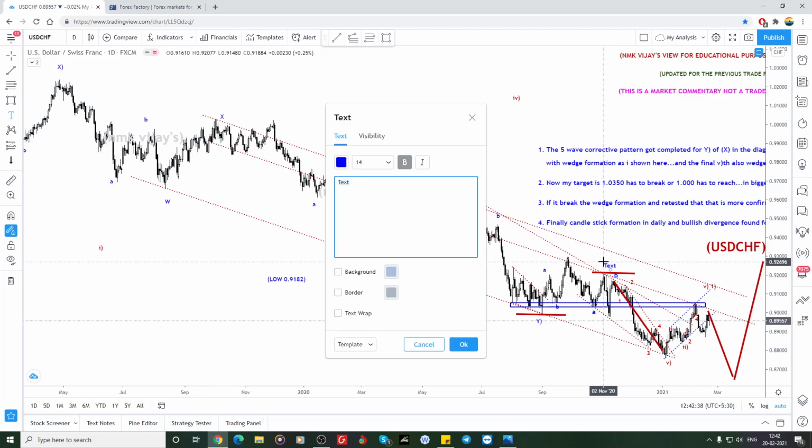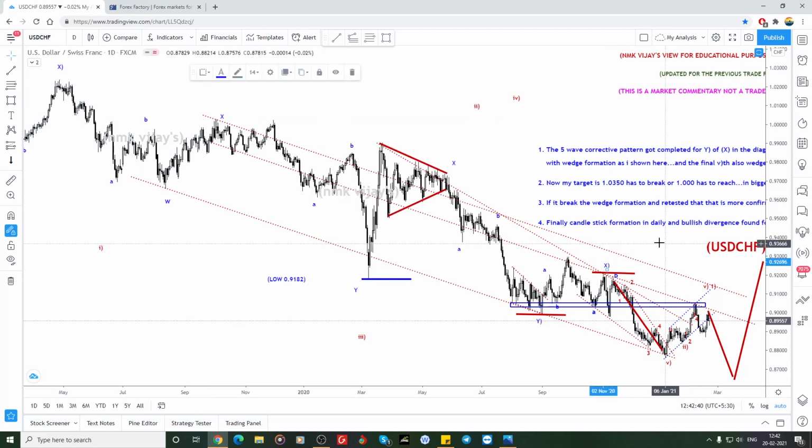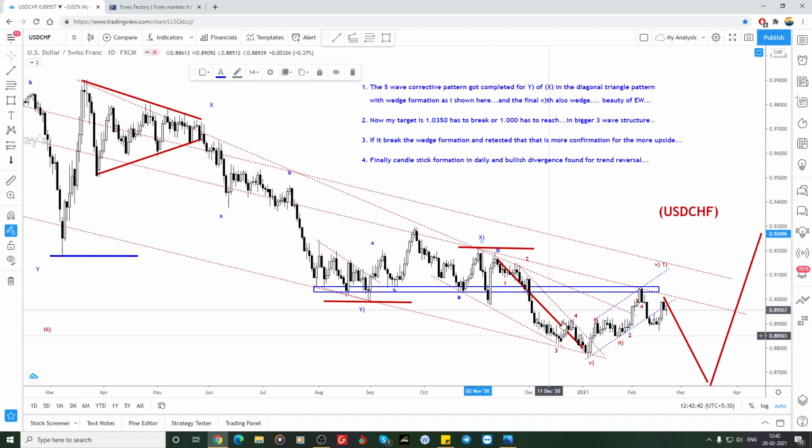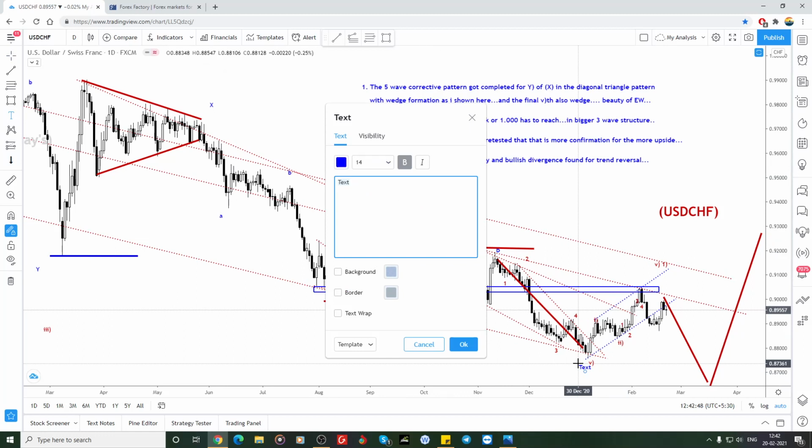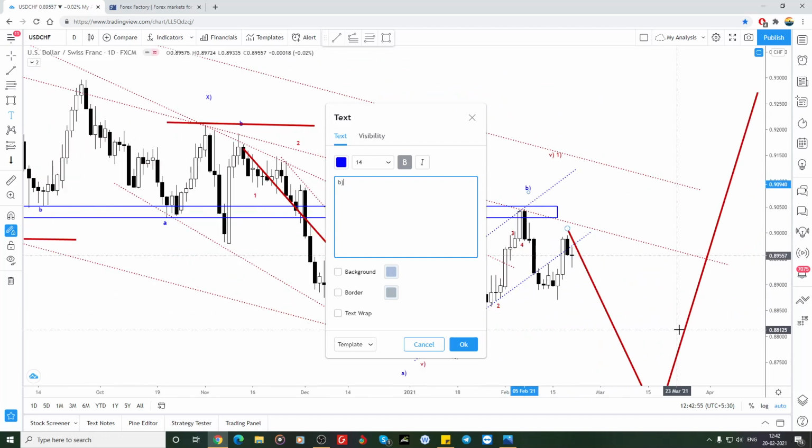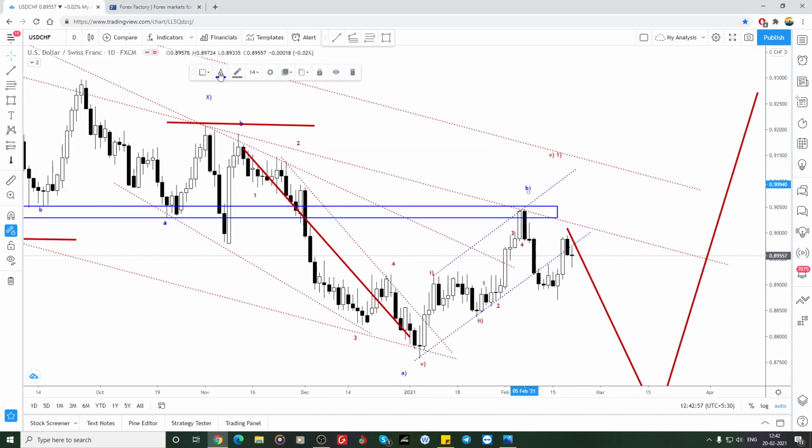Here is the X. So A, B, 1, 2, 3, 4, 5 is completely the A wave. So we are in that B wave. It's already done 1, and we need one more wave here.